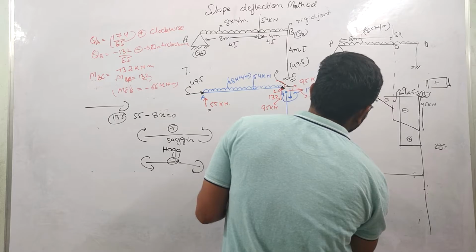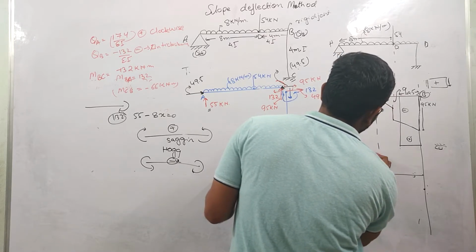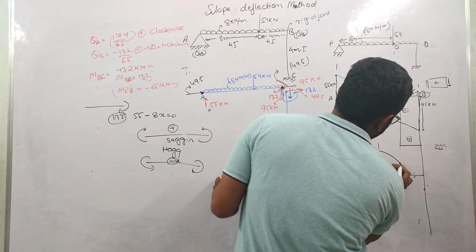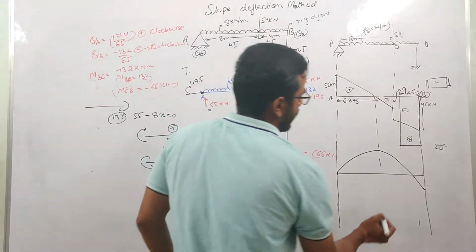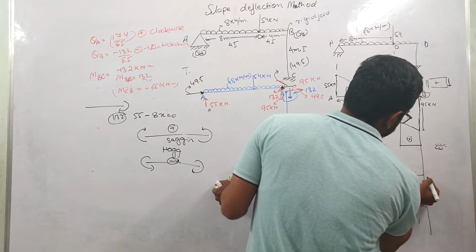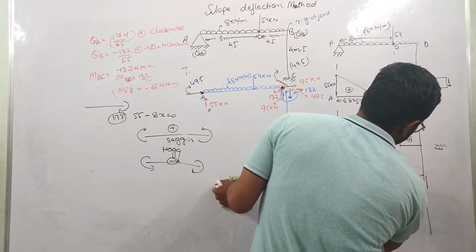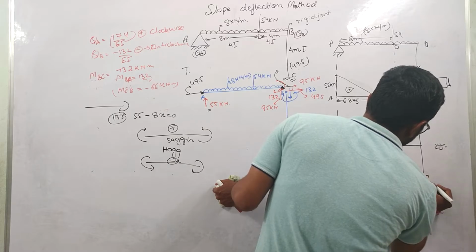Now you can see that at this point the bending moment will be maximum, and at some point it will be zero, because it has to come to this negative point. So this value is nothing but 132.